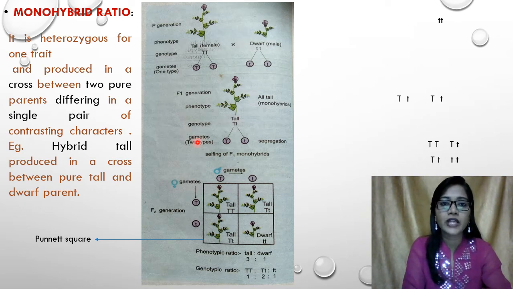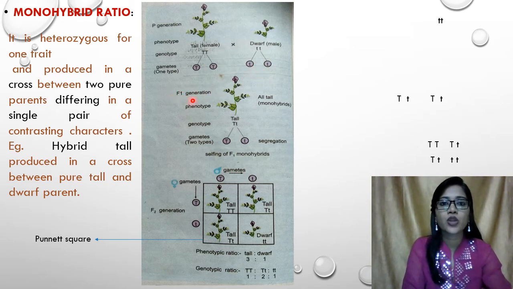When the female tall plant was crossed with the male dwarf plant, capital T and small t are the two pure lines, pure traits. Then the phenotype, the genotype, and the gametes which are formed. The tall pure trait forms one type of gamete, capital T. The dwarf pure trait contributes one type of gamete, small t.